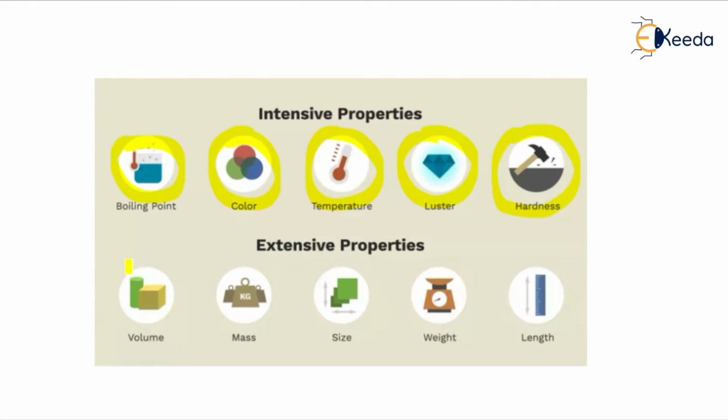But when we talk about volume, it depends on mass. When we talk about mass, obviously it is dependent on mass. When we talk about size, it is directly related to mass, weight directly related to mass, length also directly related to mass. So these are a few basic properties. There are many more. Just for the sake of example, I have given you these.